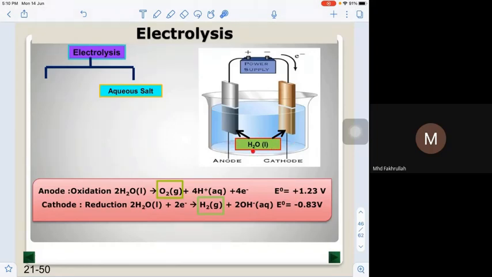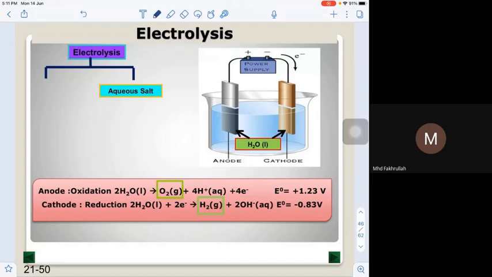H2O can be both oxidized and reduced. Now, I want you to look at your table here and search for the reduction of H2O and also the reduction of oxygen to H2O.